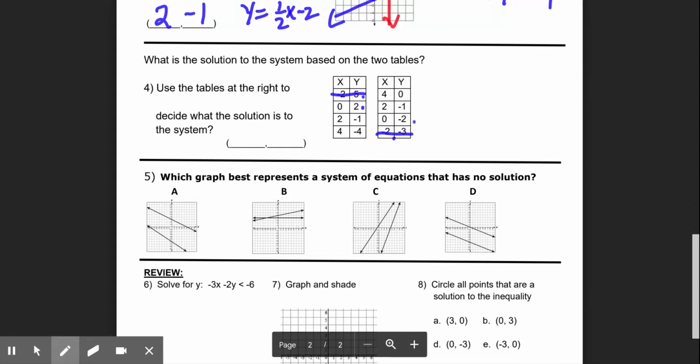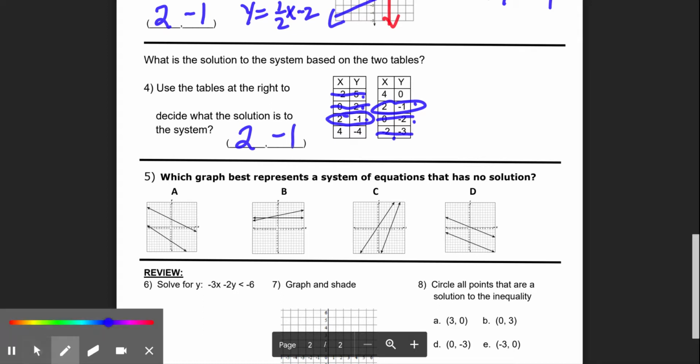We've got 0, negative 2 there. So it's not that one. We've got a 2, negative 1 here and a 2, negative 1 there. Since they are the same, that tells you that if we were to plot these points from each table and draw a line, the lines would cross at the ordered pair 2, negative 1.